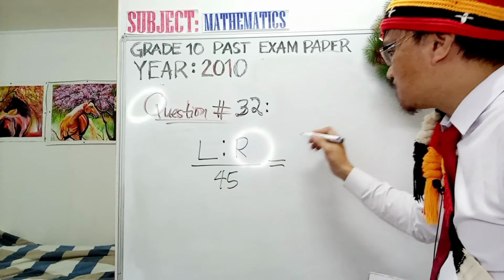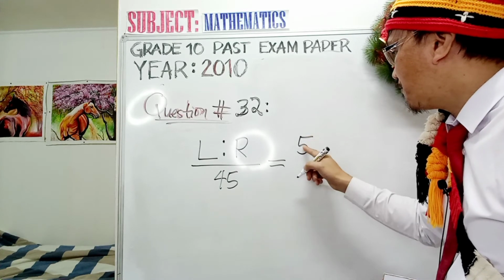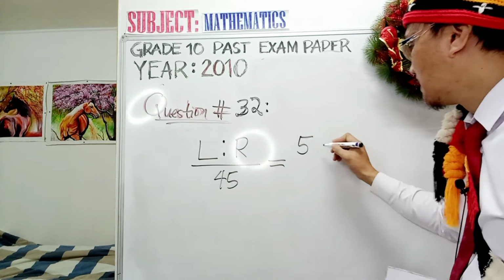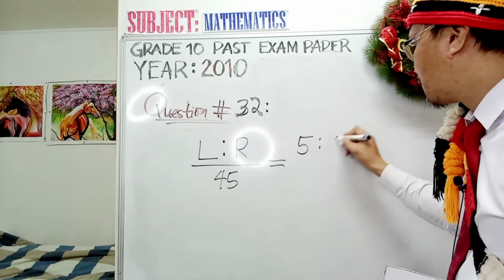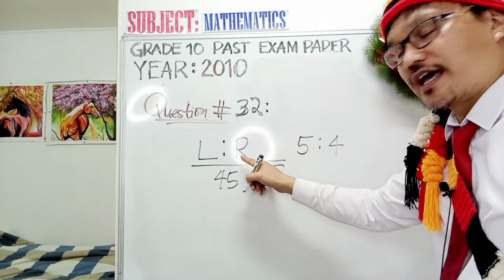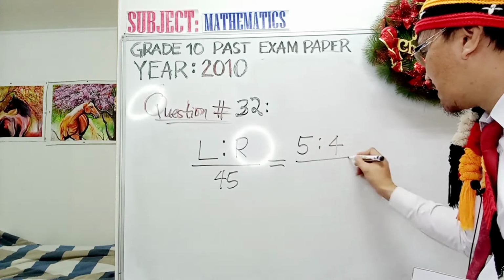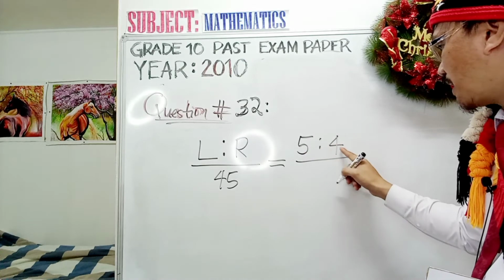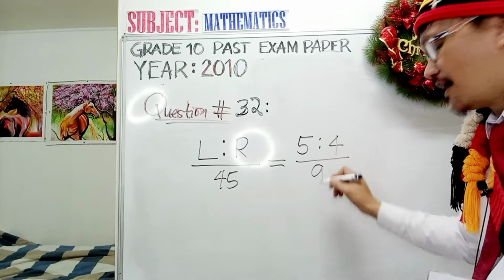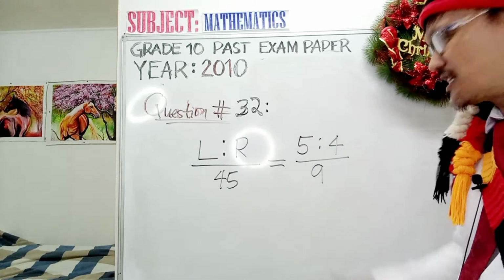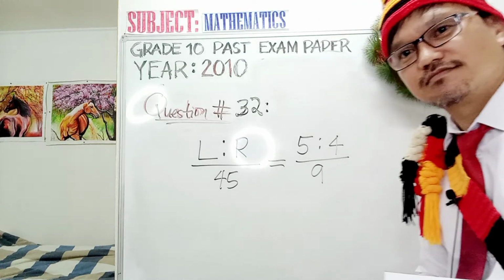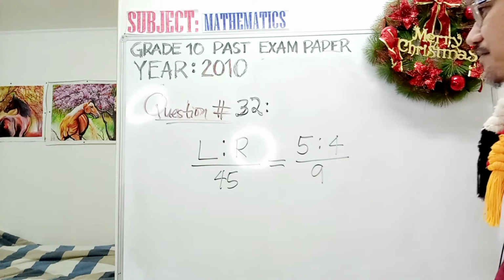Equals the ratio 5 is for Lynette is to 4 is for Renee. The total of this ratio is 5 plus 4 equals 9. That is the technique. Simple like that.